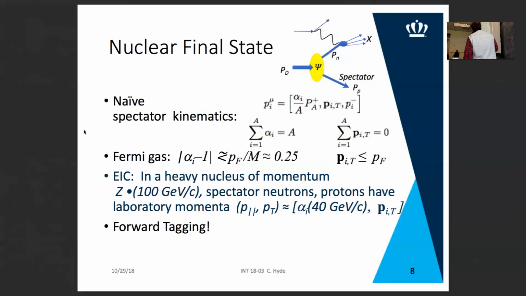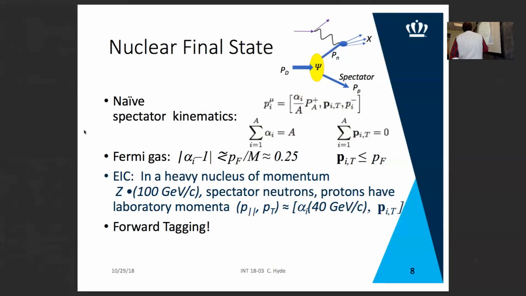There are several essential things about the electron ion collider for this physics. One is that everything is boosted forward. A zero momentum particle in the rest frame is now boosted to 40 or 50 GeV/c, depending on the collision energy.